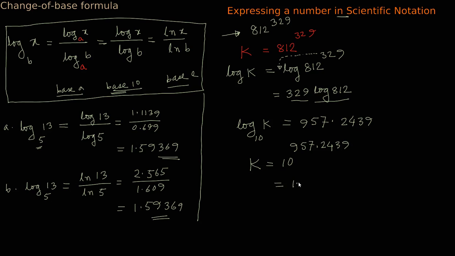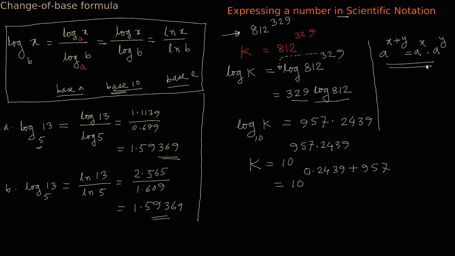Now let's see how I can write this. I can write 10 power this expression equal to 10 power 0.2439 plus 957. Now I want to remind you about this formula: if I have a power x plus y, I can write it as a power x multiplied by a power y.